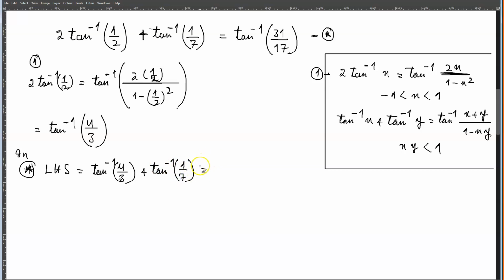And based on this formula, tan inverse of x plus tan inverse of y is equal to tan inverse of 4/3 plus 1/7 over 1 minus 4/3 times 1/7.